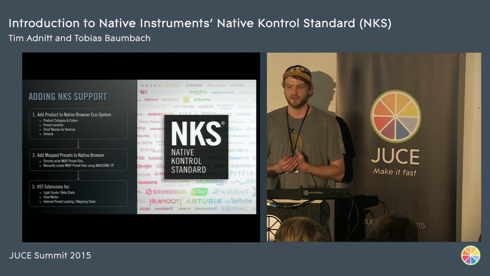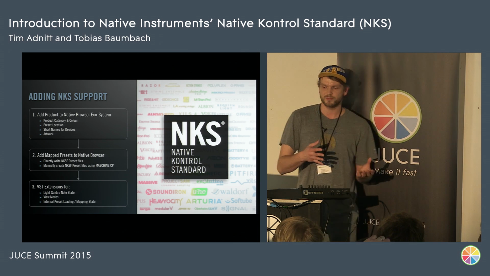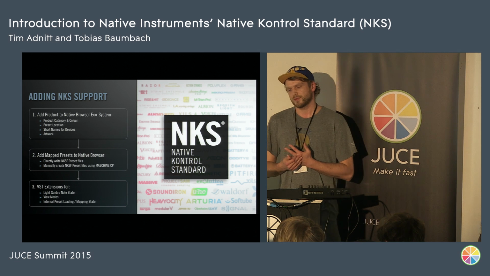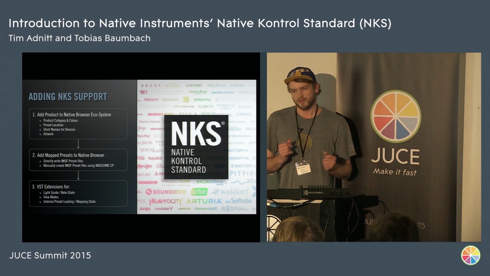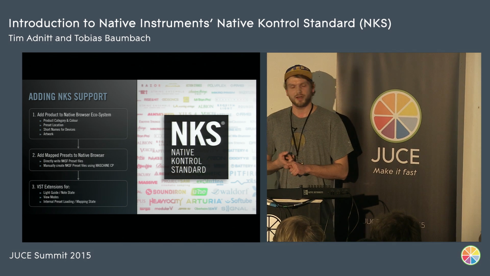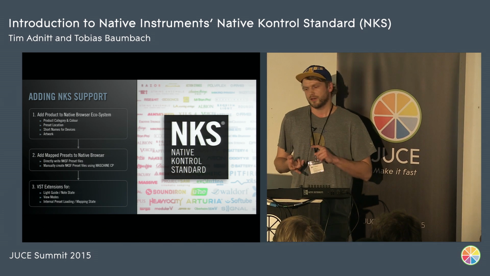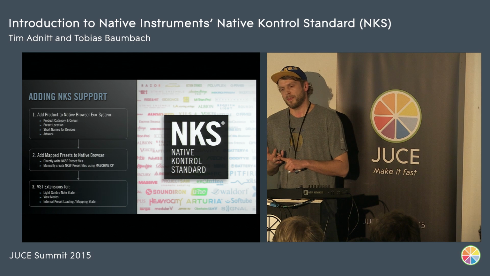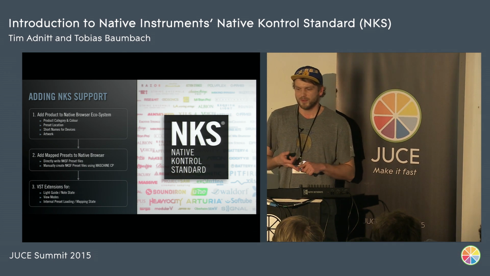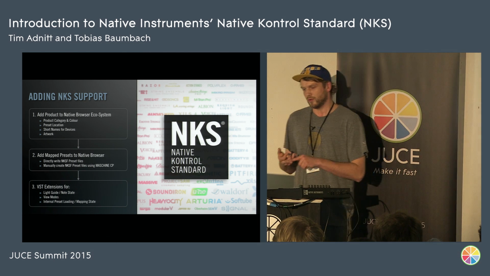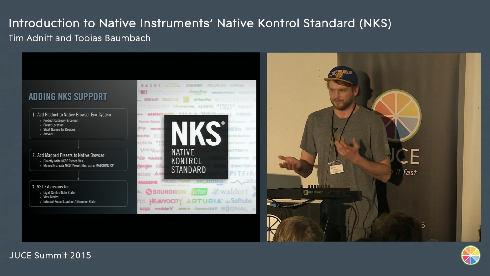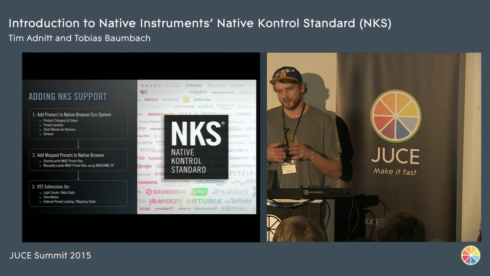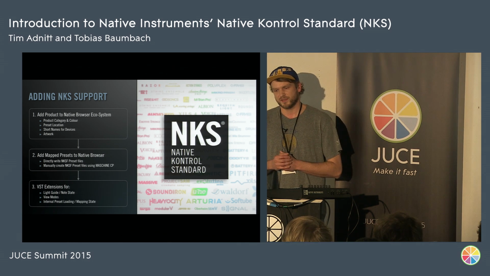Then as a second step, when you have created the product, you have to create the presets for your product, which appear later on in the product browser. There are basically two ways to do this. The first way is you can implement the NKS file format on your own. With the specification, you can implement this into your product and save all the necessary information.